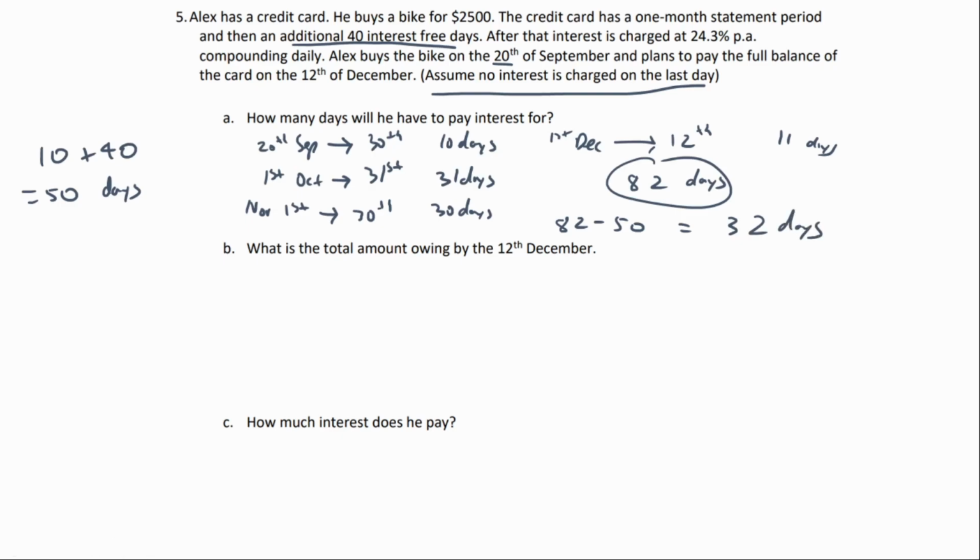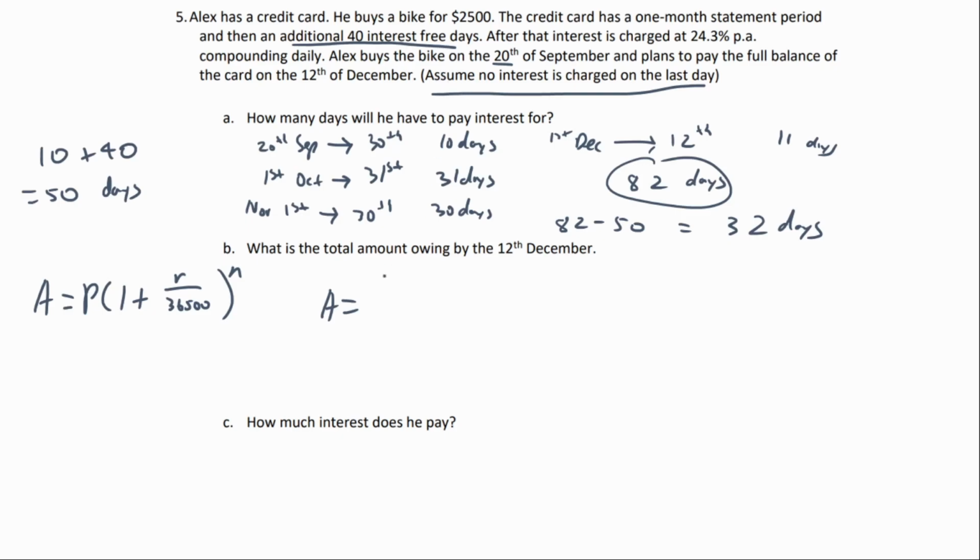Alright, once you've done that, what is the total amount owing by the 12th December? So now it's pretty easy. We just got the formula on the formula sheet. It's going to be A equals P, 1 plus rate over 36,500, to the power of N. So A equals, our principal was, let's have a look.